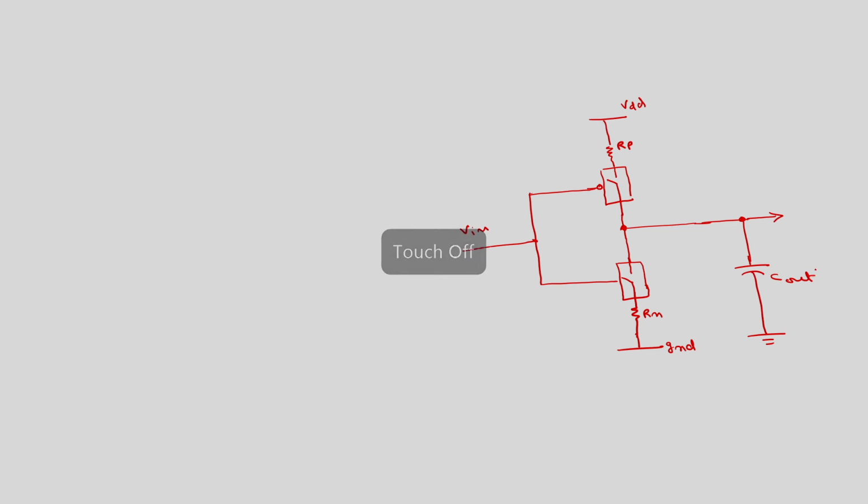Now, this C out is equal to CL plus CDN plus CDP. The drain capacitance of NMOS, this is PMOS, this is NMOS. So, this C out is CL plus CDP plus CDN.